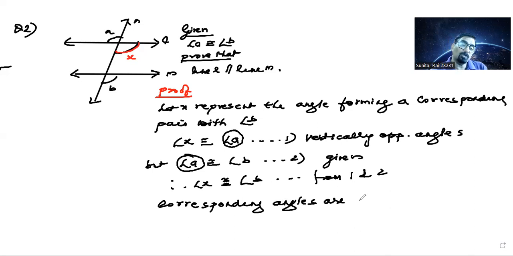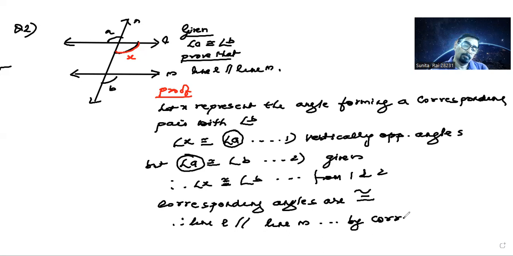The corresponding angles are congruent, beta. So I can say the lines are parallel, line L parallel line M, by corresponding angle test. A very simple sum, children, but a good one.